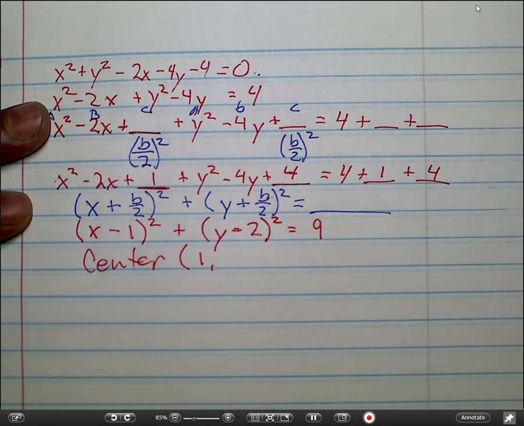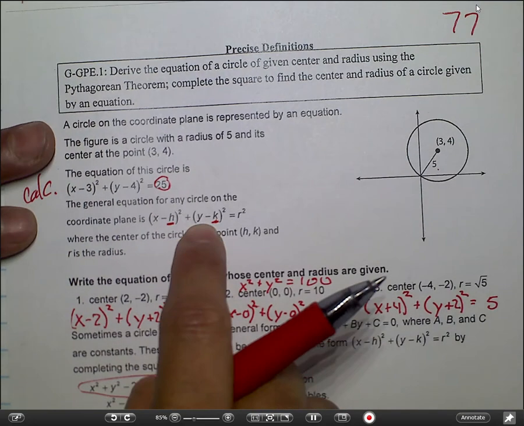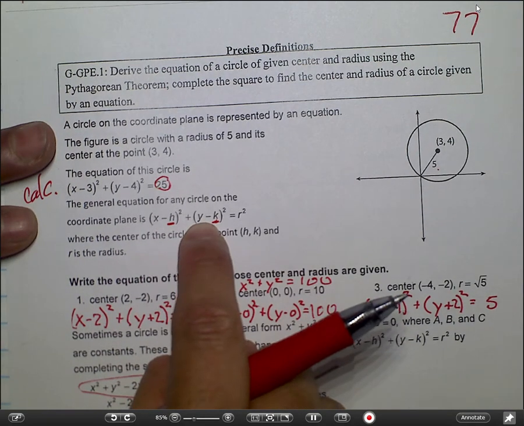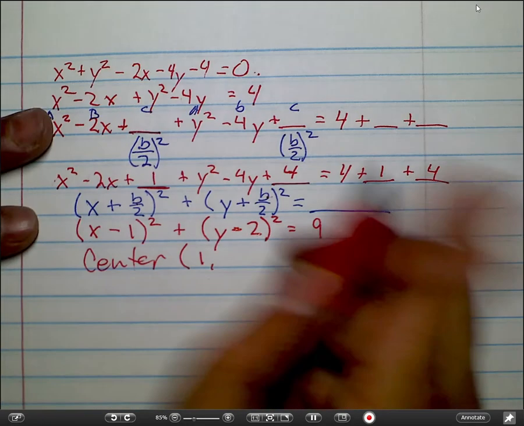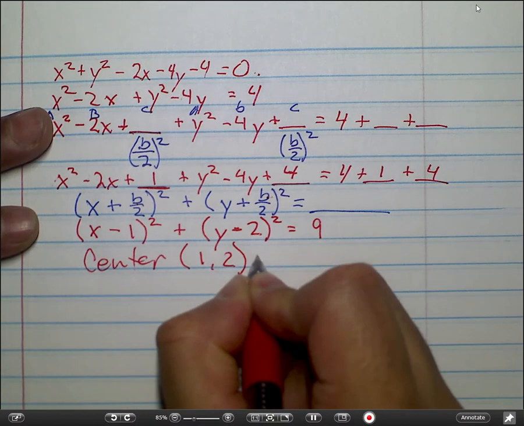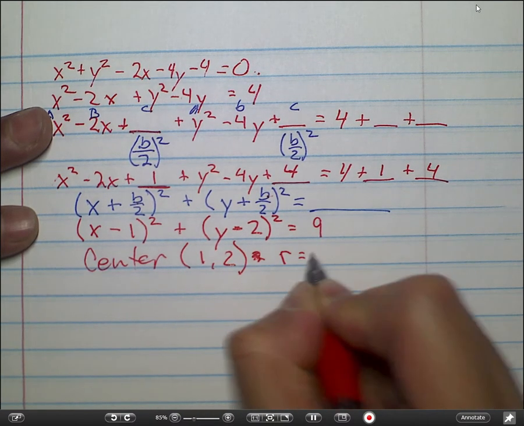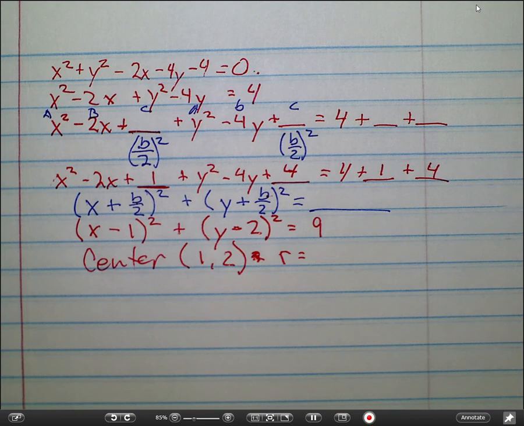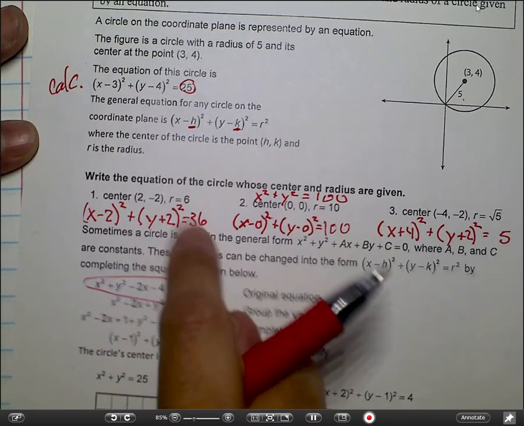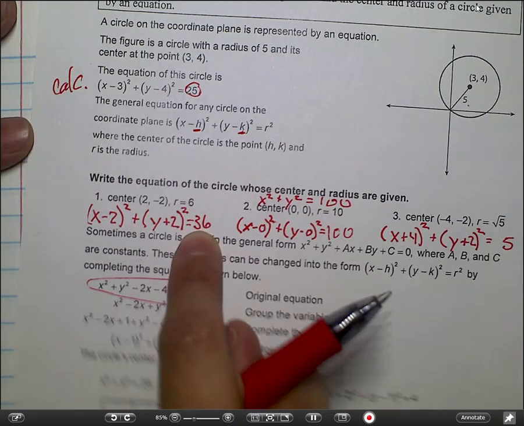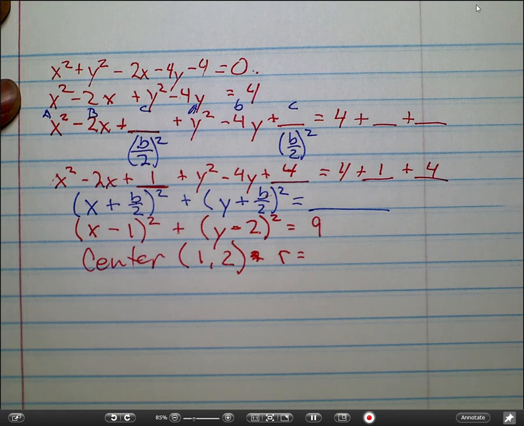Remember, it's always opposite. If you notice from my formula, it's always opposite, right? So then positive 2, very good. Equals, and then my radius, 9. It's not 9. Isn't it going to be my radius squared over here?